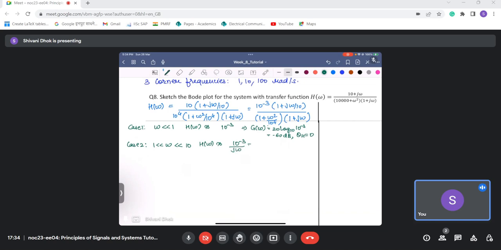So g of omega is equal to minus 60 dB, which will remain as it is, minus 20 log base 10 of omega, and theta h will be equal to minus pi by 2.